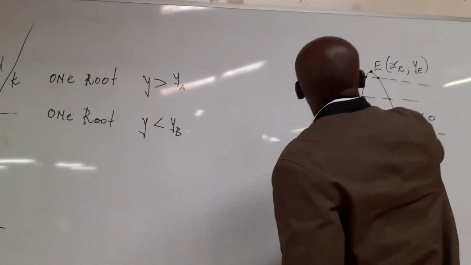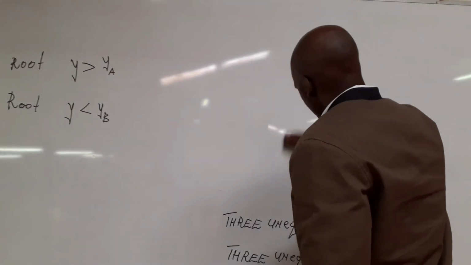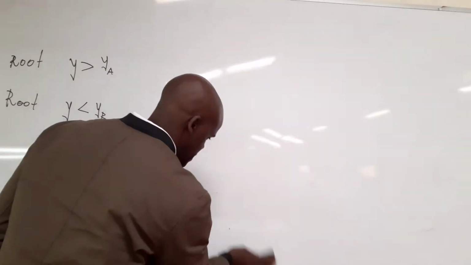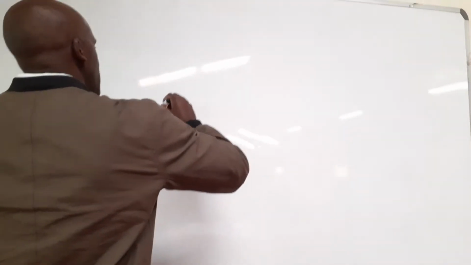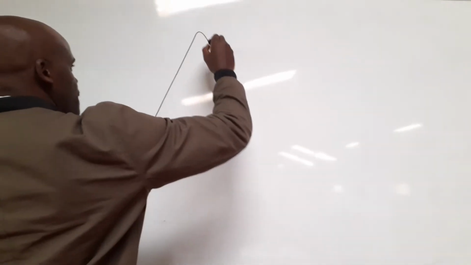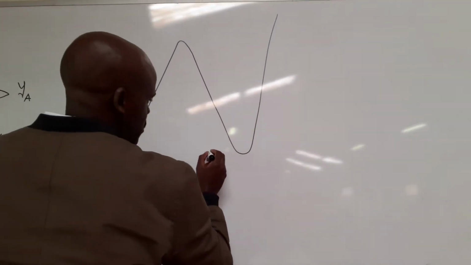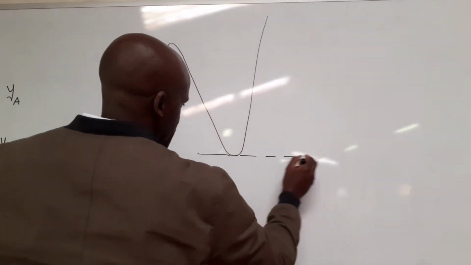Now, let's say we have this type of a function, where our horizontal line passes through the turning point.